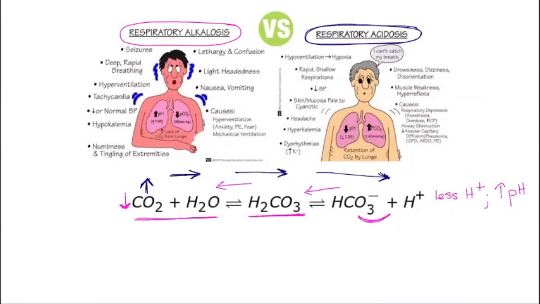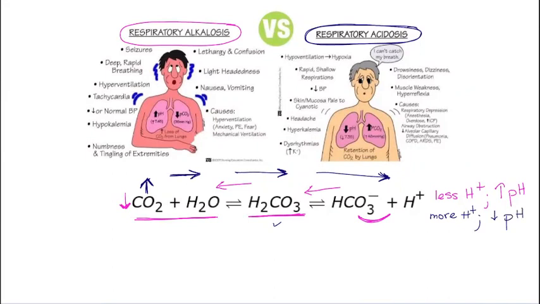So what's happening during respiratory acidosis is that CO2 is combining with water, and then that is forming carbonic acid. Then that carbonic acid is separating into ions. So in respiratory acidosis, we have more H plus in the system. And having more H plus results in a lower pH.